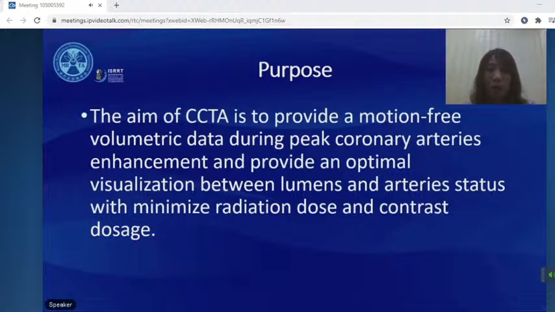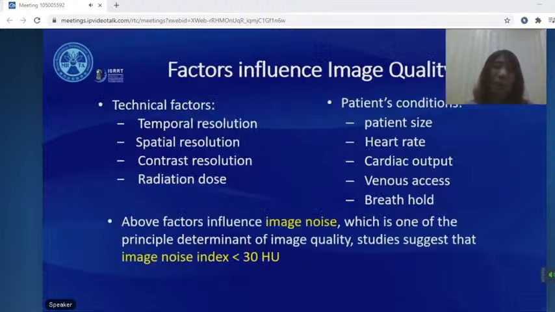the purpose of CCTA is to provide motion-free volumetric data during peak coronary artery enhancement and provide optimal visualization between lumens and artery status with minimized radiation dose and contrast dosage. Factors that influence image quality include technical factors that we can control and patient factors that we cannot control.